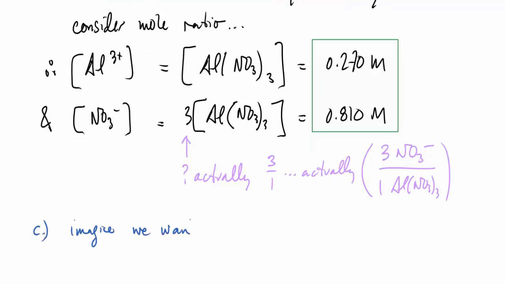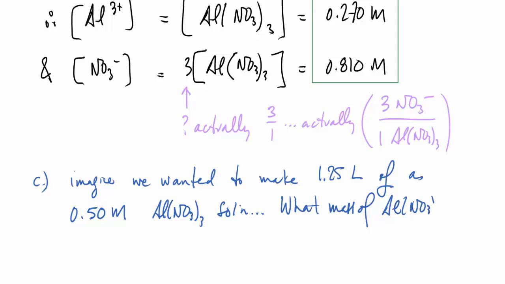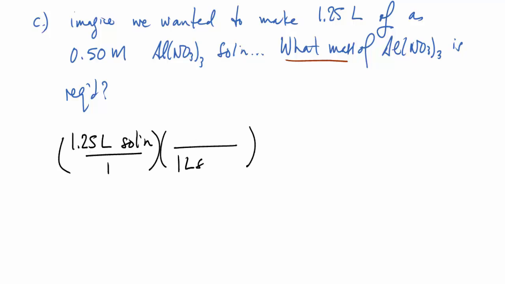Okay, let's look at another situation here. Let's say we want to make 1.25 liters of a half molar aluminum nitrate solution. The question is, what mass of aluminum nitrate is required? How to do it? Well, let's start with our 1.25 liter of solution we know we need. In every 1 liter of that, we'll need 0.50 moles of aluminum nitrate.